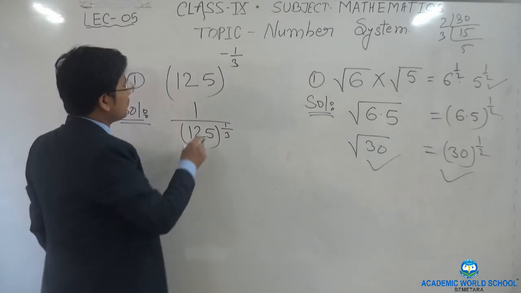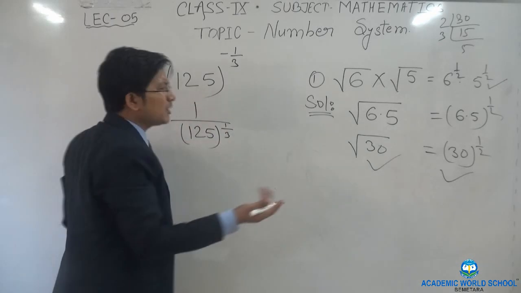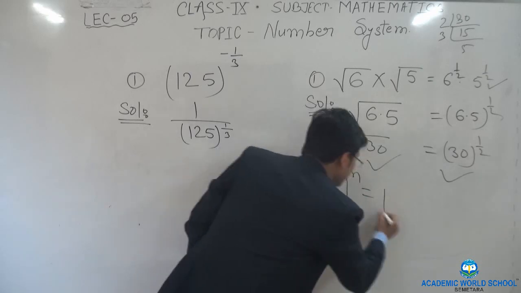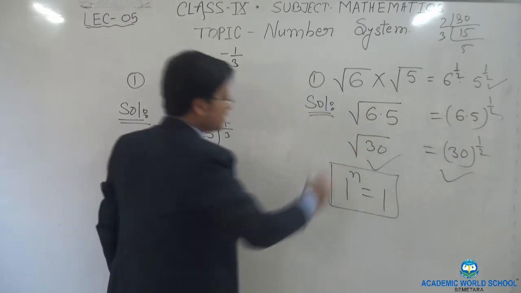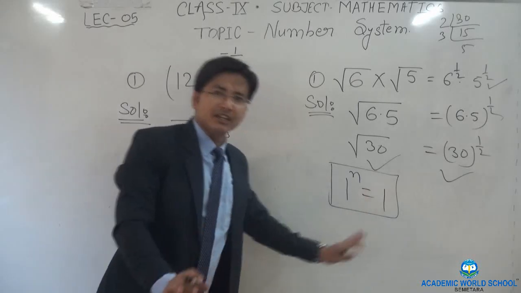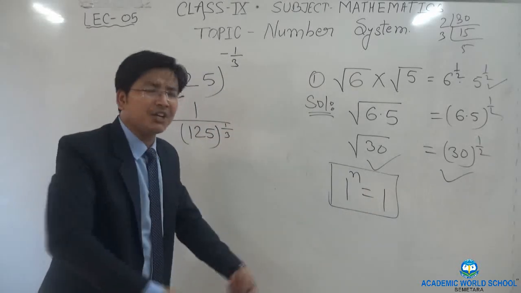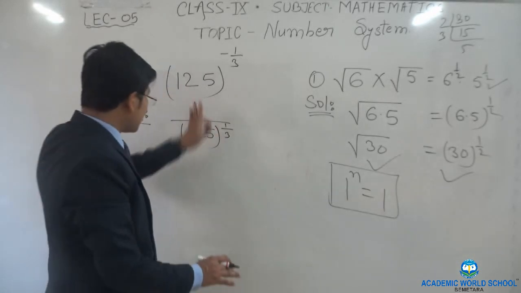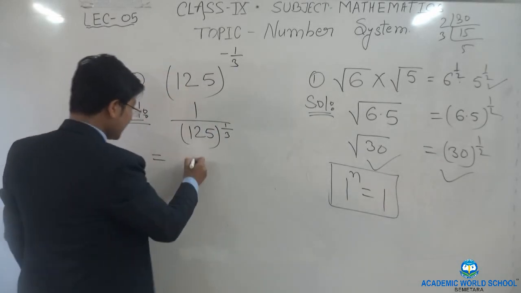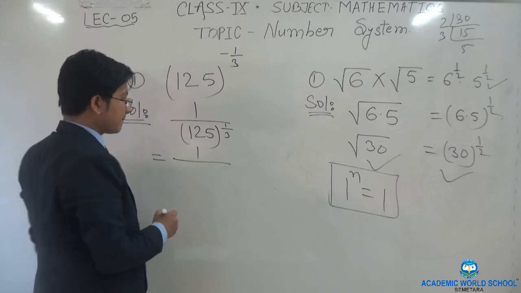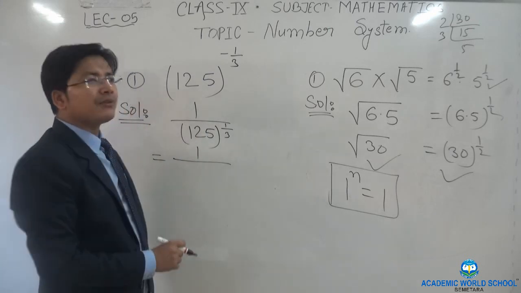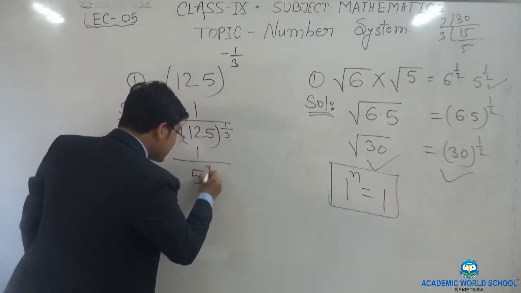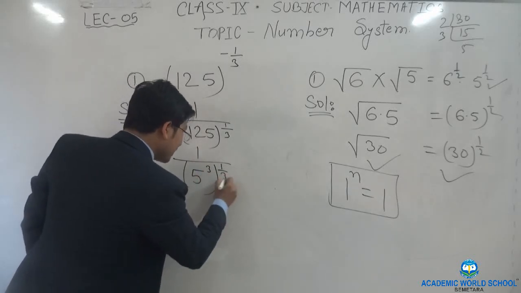Now 1 to the power anything is equal to 1 only. 1 into 1 into 1, however many times you do it, it will be 1 only. So now 125 is 5 into 5 into 5, written as 5 to the power 3, and then the power 1 upon 3.